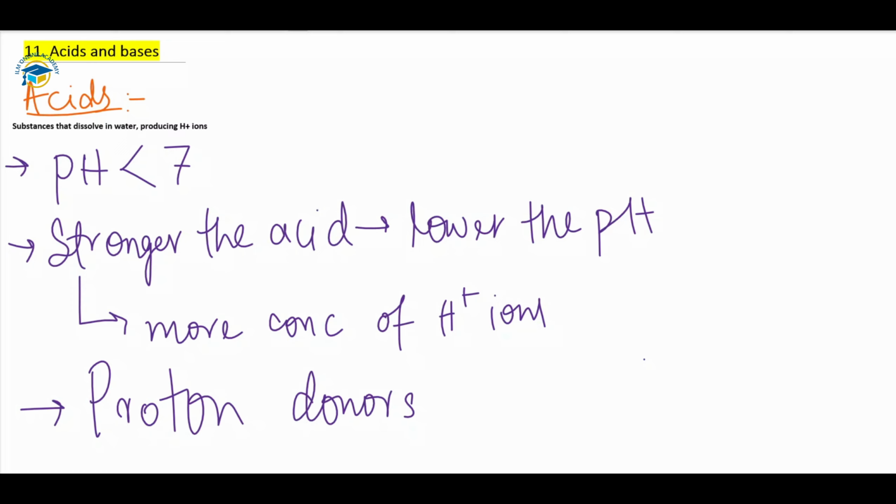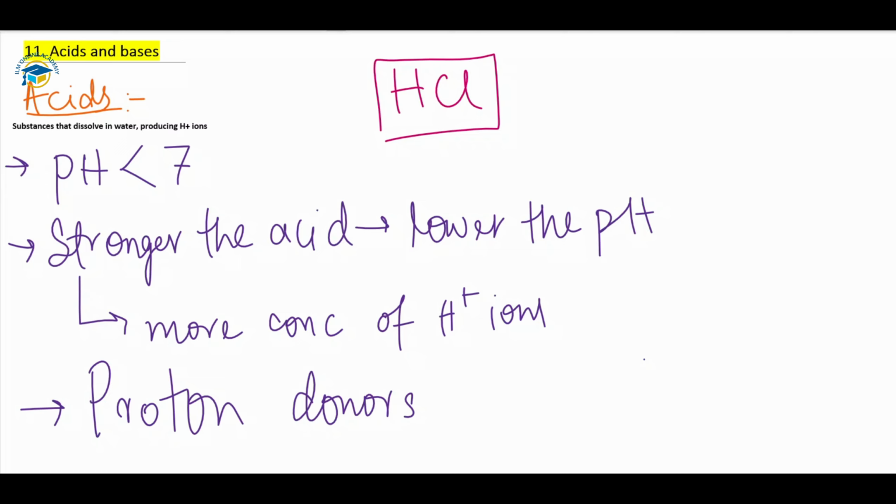The most common example of an acid is hydrochloric acid, which is HCl. This is a strong acid, not as strong as sulfuric acid, but it is also a strong acid.